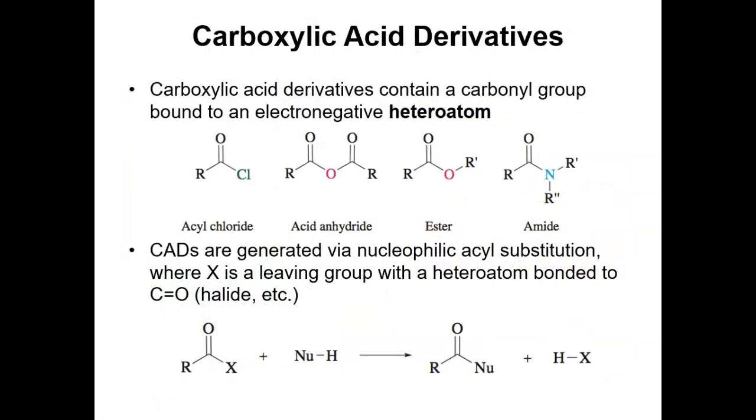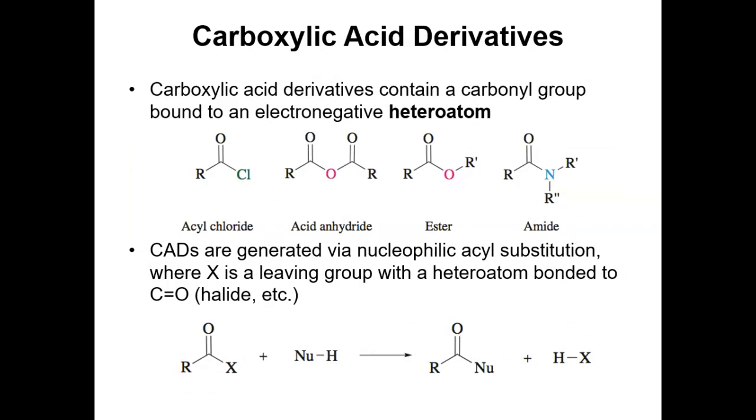Now let's first look at what the carboxylic acid derivatives are. There are 4 classes of compounds, the 4 official members of carboxylic acid derivatives. There are some unofficial members as well, which we will talk about later. The 4 official members are acyl chloride, acid anhydride, ester, and amide.